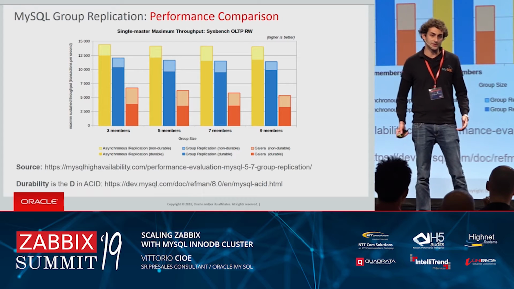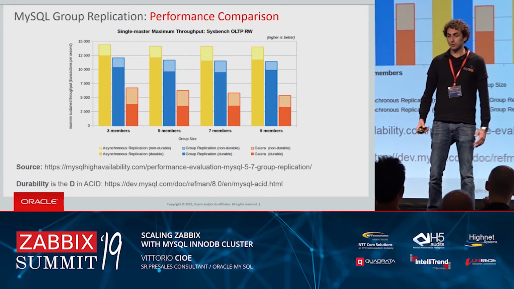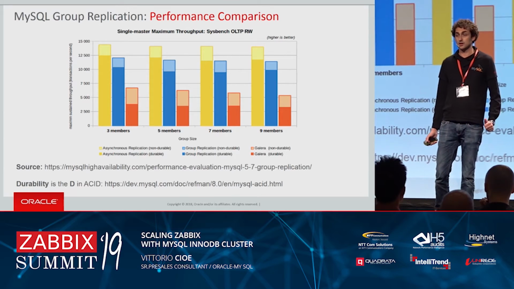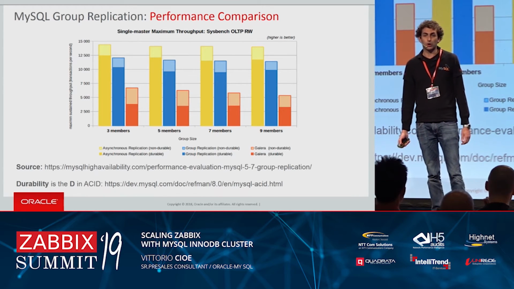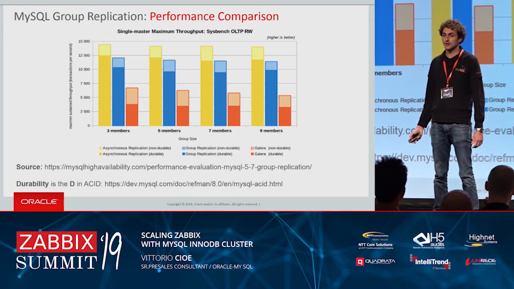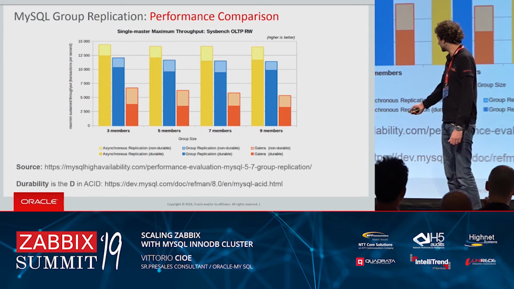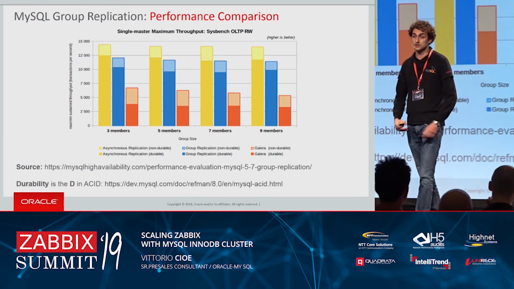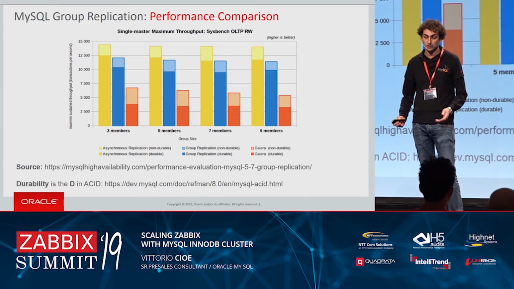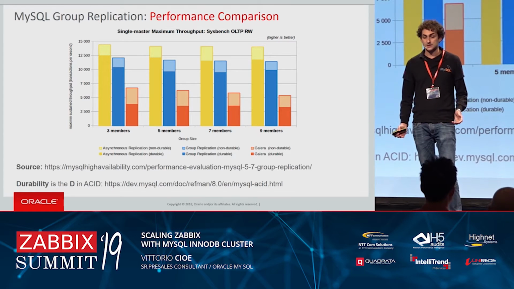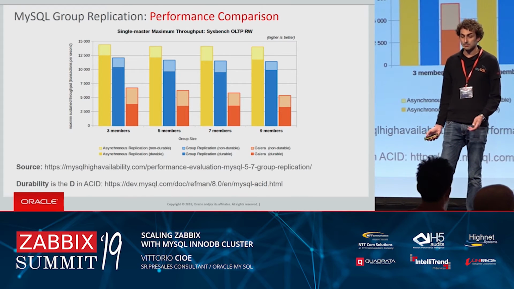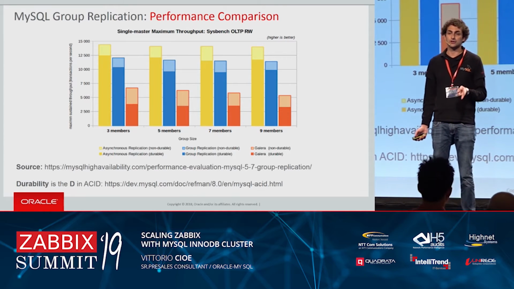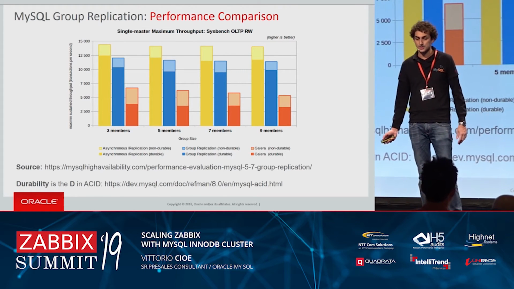Then, performance. Discussing performance, there has been a performance test done in-house by our product management and development. And this is the source; you can read the article. It explains very nicely how the test was done. It was done with durability settings both on and off, and those are the results.